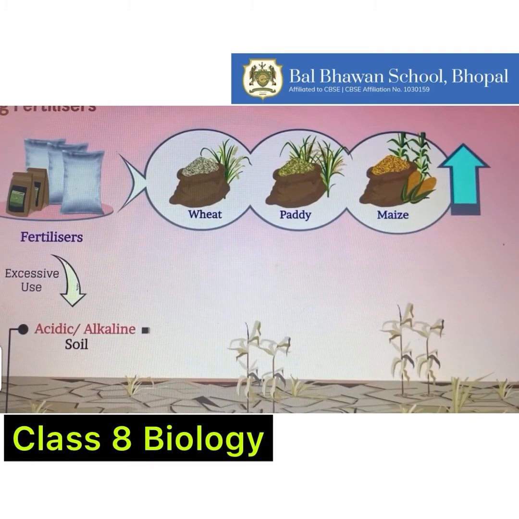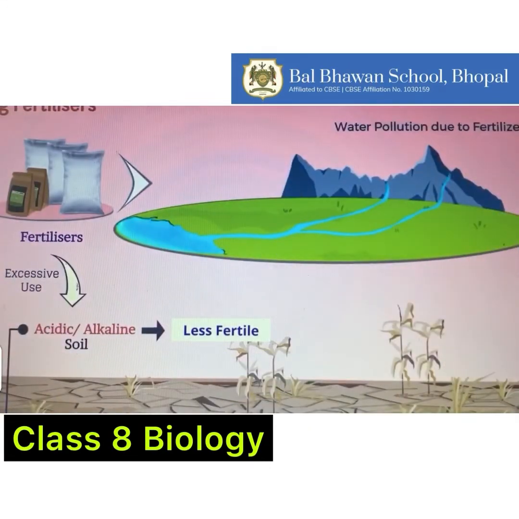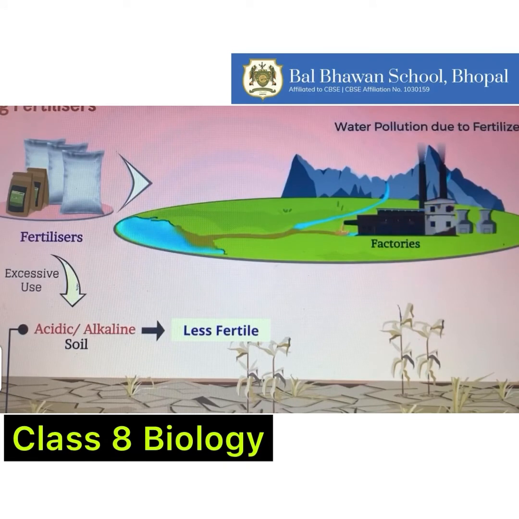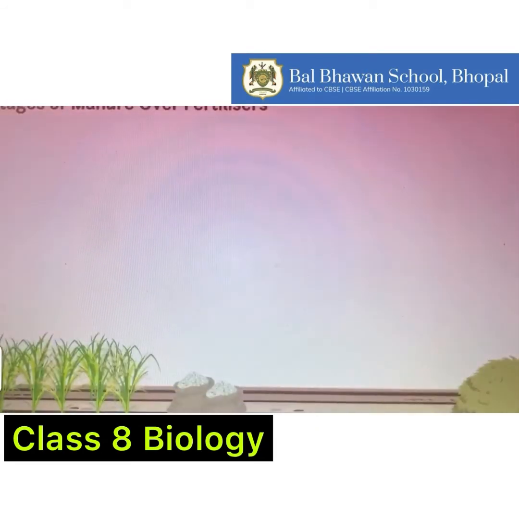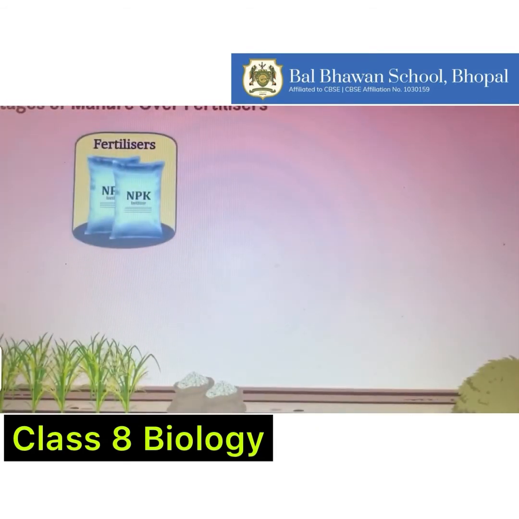Because of it, the soil becomes less fertile. So we should always use the fertilizers judiciously. Fertilizers also cause water pollution by entering into the river water from factories or along with the rainwater from the fields.